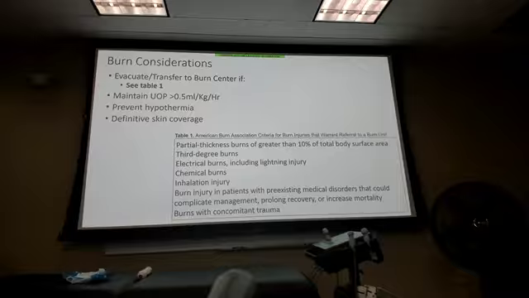So your complicated diabetics who already have a poor healing history, and your immunocompromised patients, you want to send to a burn center. And any burns with combined trauma, like they were burned from an explosion, so they had blast injury or other trauma besides the burn, should be seen at the burn center.